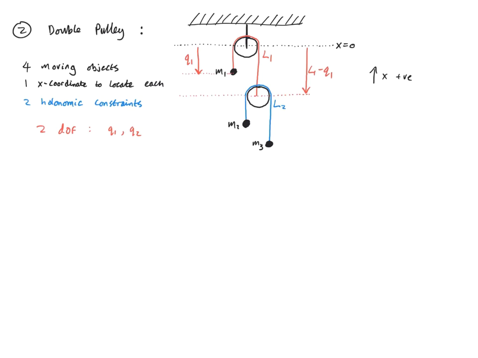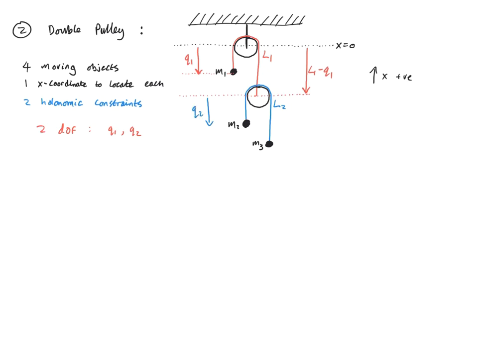Now, the beauty of generalized coordinates is that we can actually pick any coordinates we want to either make the calculation easier or perhaps to describe the physics that we're interested in describing in the most natural way. And in this case, a sensible and illuminating choice of coordinates might be to call this our second generalized coordinate Q2.